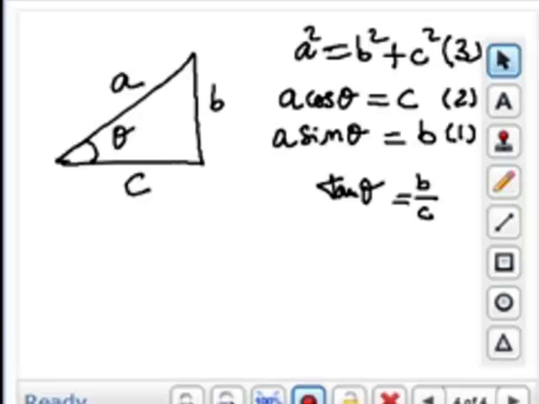And if I add those two equations, all I'm doing is adding everything on the right hand side, which is B squared plus C squared. And then I'm going to add everything on the left hand side, which is A squared cosine squared plus A squared sine squared. And on this step I can factorize the A squared and end up with A squared times cosine squared plus sine squared. And we all remember that cosine squared plus sine squared is 1. Therefore, we end up with A squared.